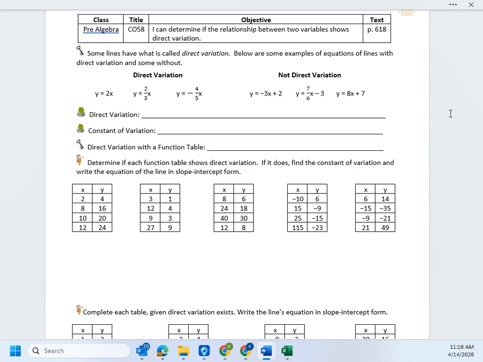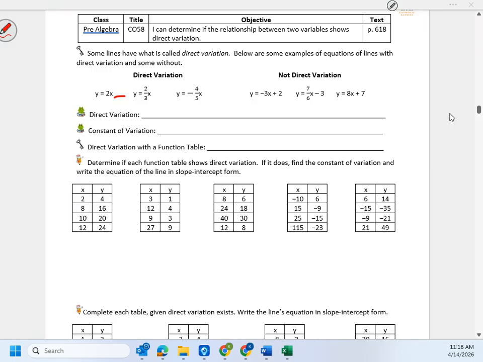Do you notice anything? Look at the direct variations, look at the not direct variations. What do we notice is different? Grayson? Plus B. Direct variations are plus 0.